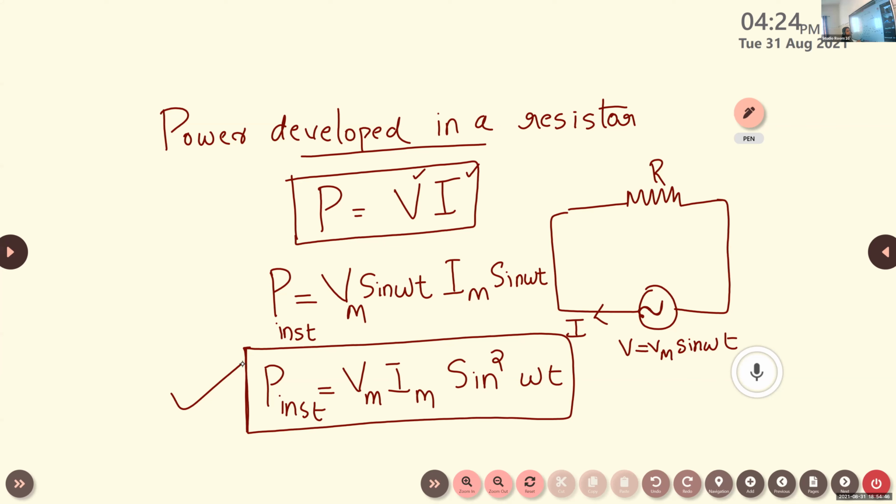But we consider an alternating source of EMF with V equal to Vm sin omega t, and correspondingly an alternating current is generated in the circuit equal to Im sin omega t. So Vm into Im sin square omega t gives the instantaneous value of power in the present circuit.